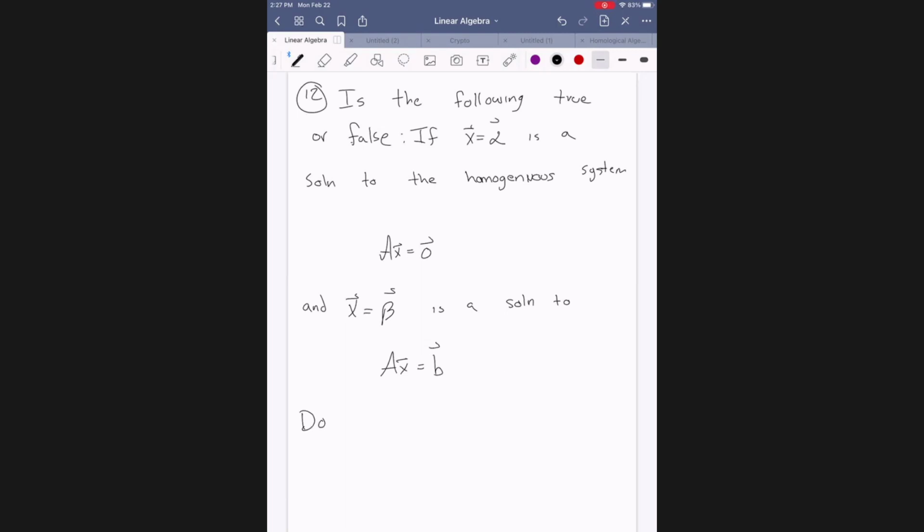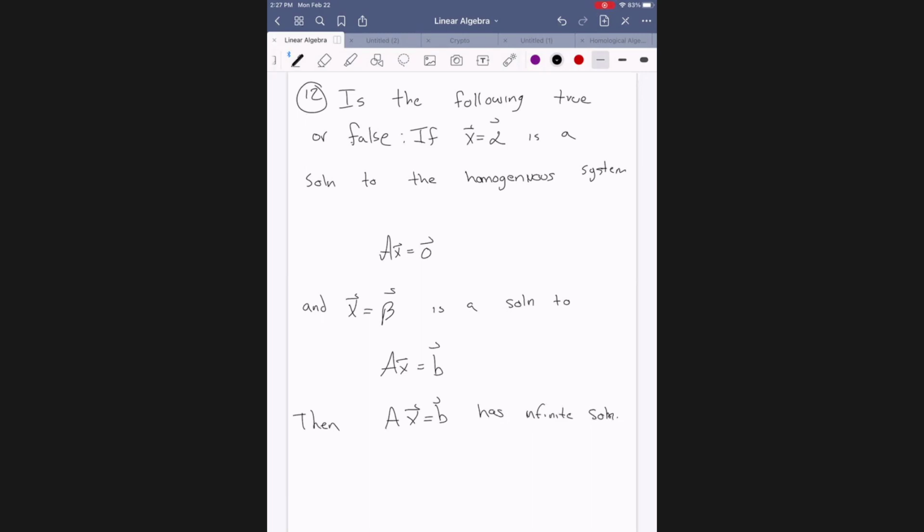Then we say Ax equals b has infinite solutions.